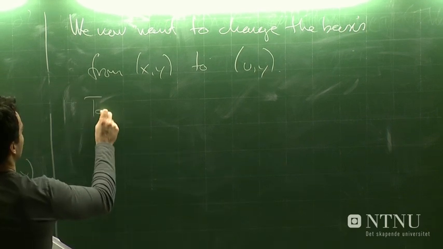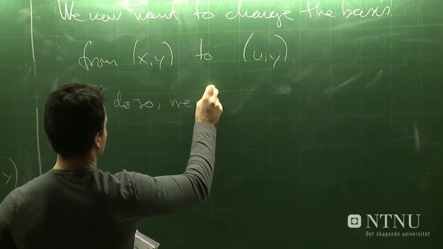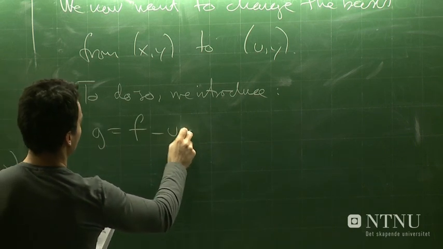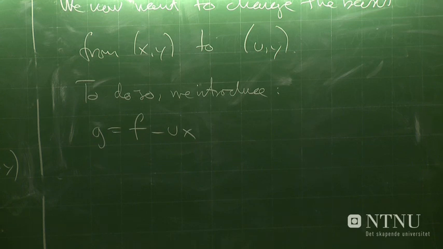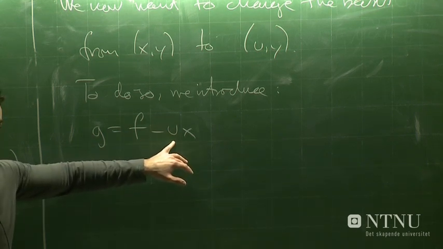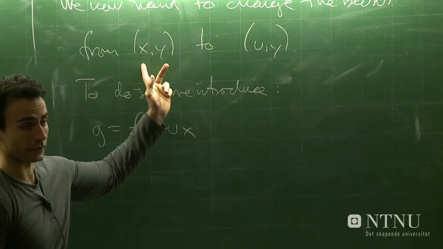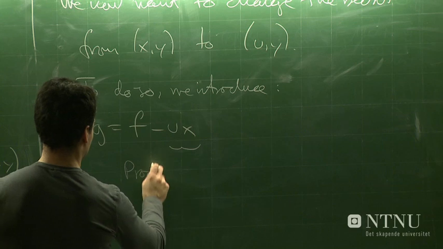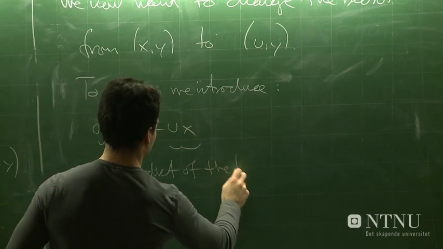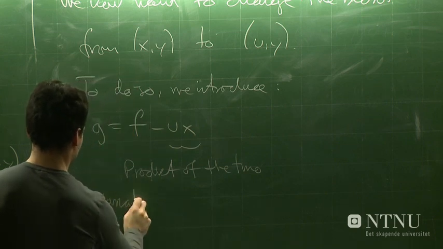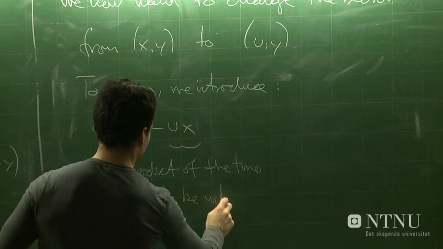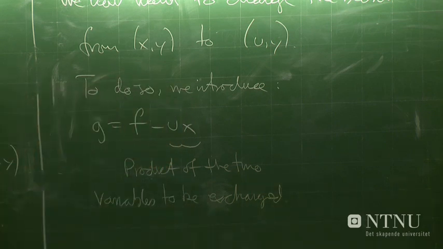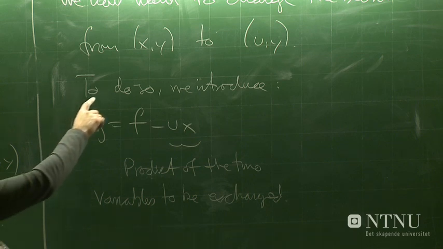To do so, we introduce a new function which is known as g. And g is the original function minus the product between the two variables that we want to interchange, in this case u and x. So it's the original function minus the product of the two variables that we want to interchange.